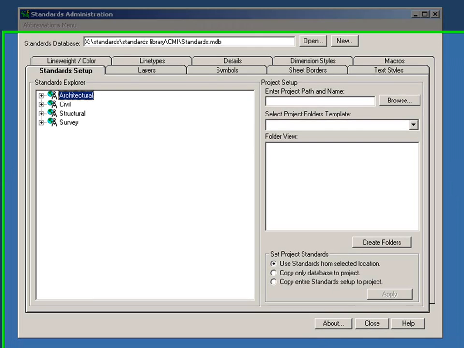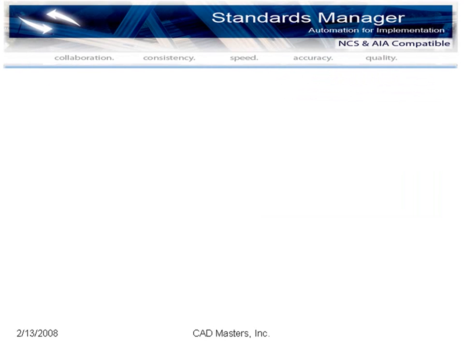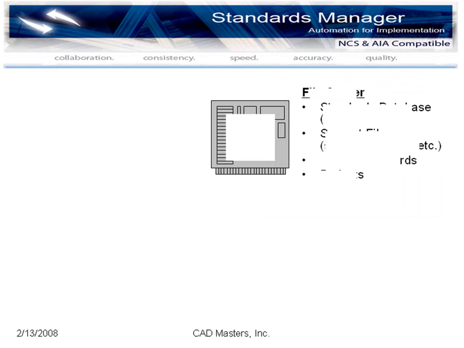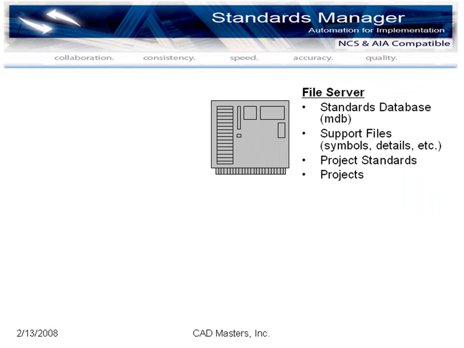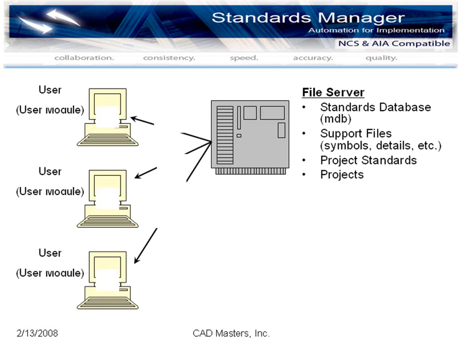Before we get into the demonstration, perhaps we should discuss how Standards Manager will fit into your existing network. Similar to how your users access drawings and project data from a central server, they will also access the CAD standards from a central server. The standards consist of an access database along with several support files, your symbols, details, title blocks, etc., all the drawing files that make up the standards.